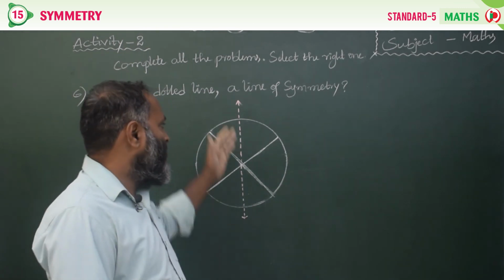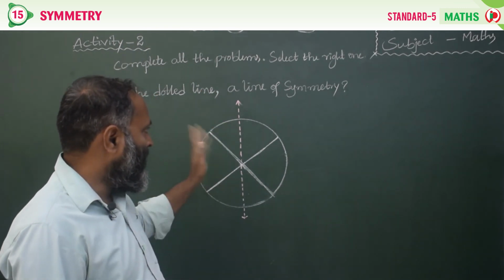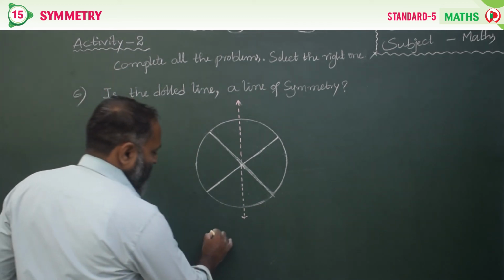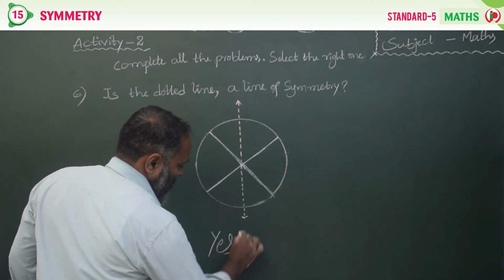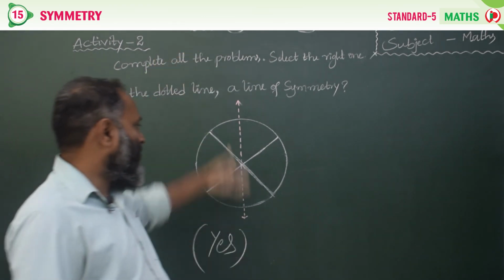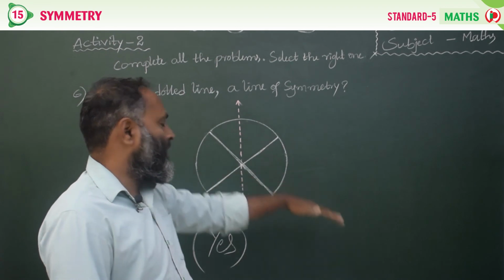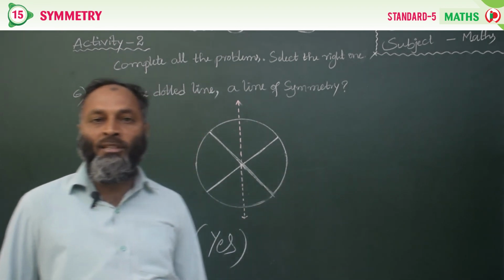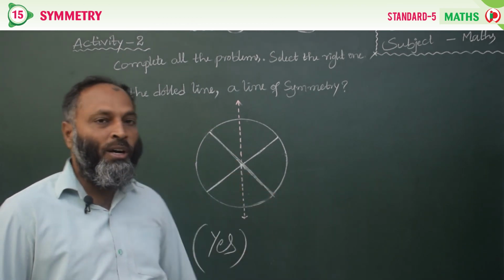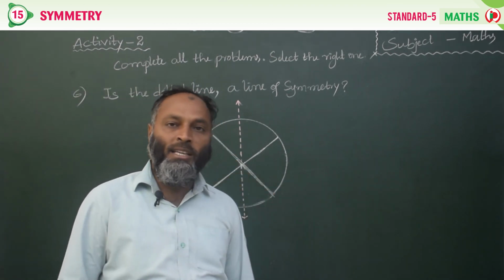So no doubt, these dotted lines divide into two equal halves. The answer is yes. Why? Because this vertical line divides this circle into two identical shapes, left side and right side. So the answer is yes.